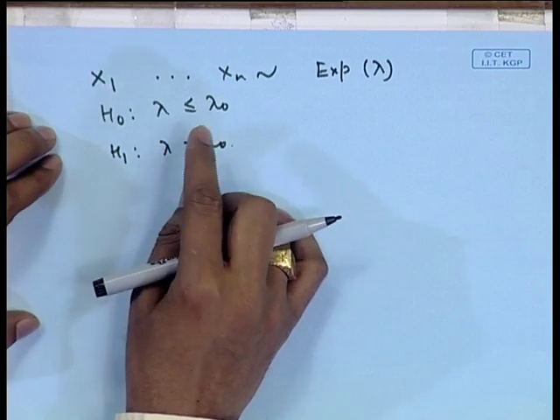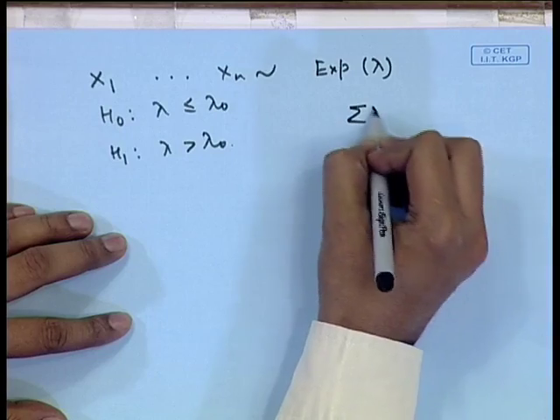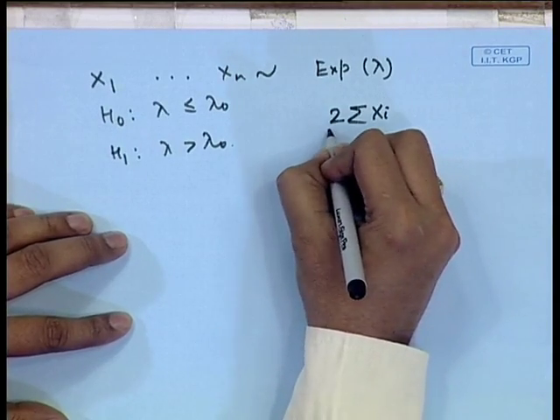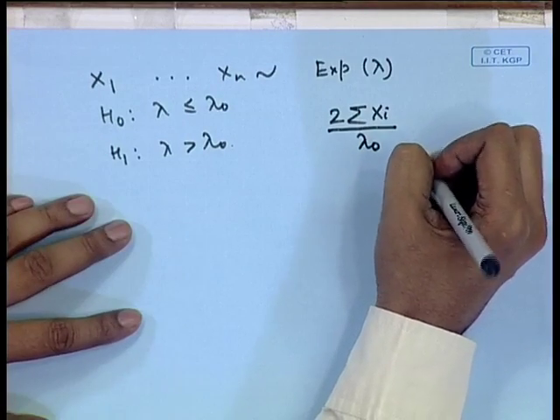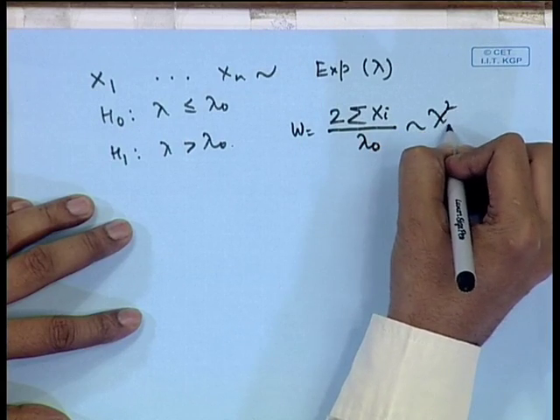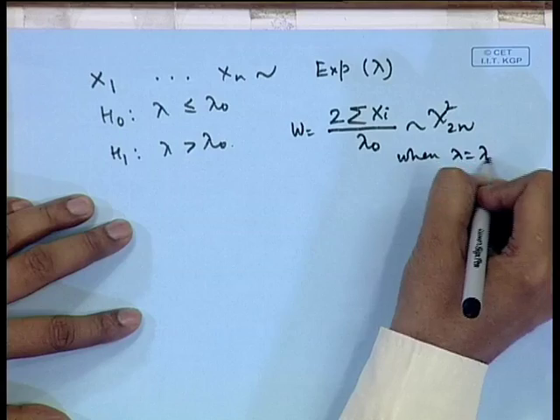And the test function we had devised in terms of a chi-square distribution, because we had made use of sigma x_i. So, we considered twice sigma x_i. So, if we consider twice sigma x_i divided by lambda naught, let me call it W, then this will follow chi-square distribution on 2n degrees of freedom when lambda is equal to lambda naught.